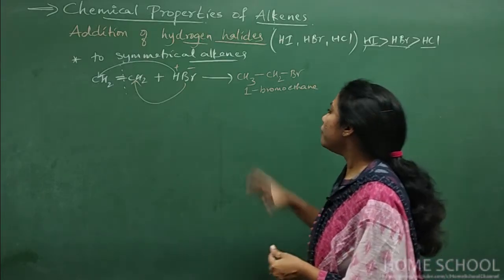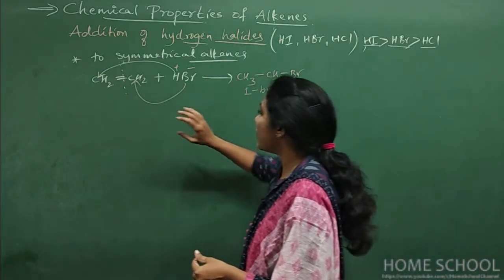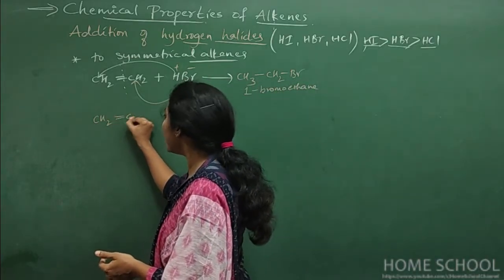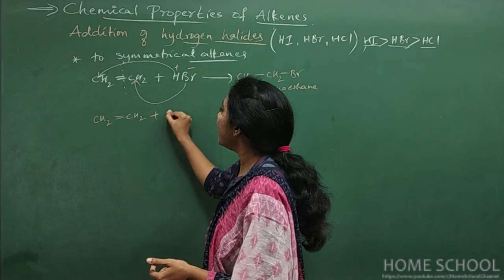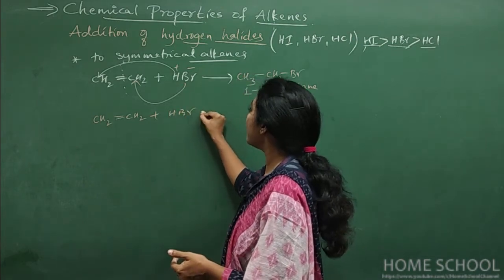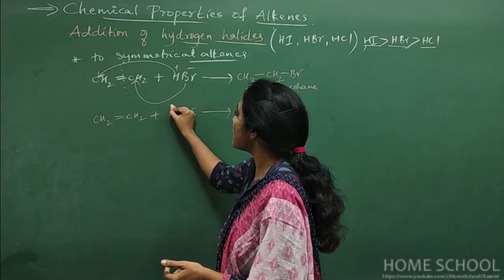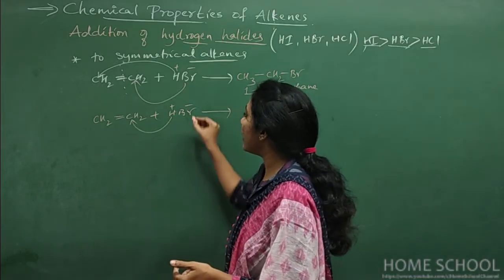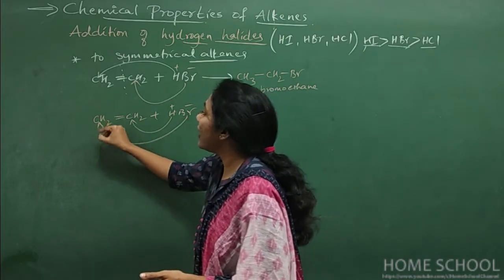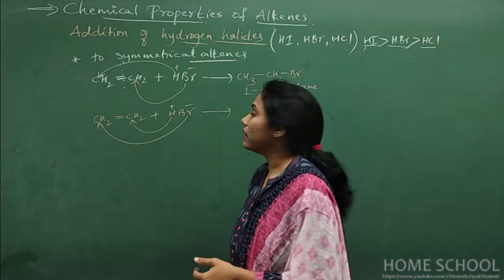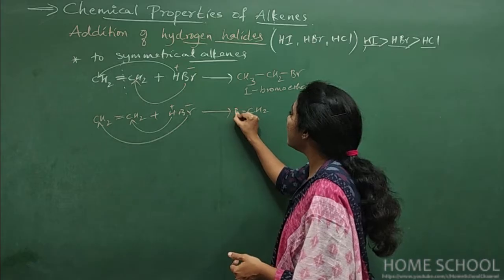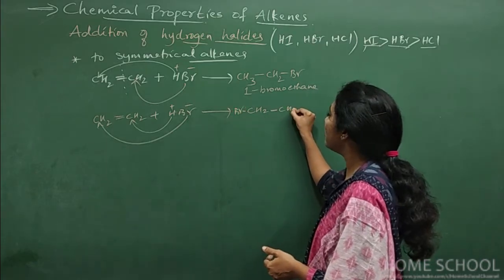But if I add the other way, say I take CH2 double bond CH2 itself and add HBr in the opposite way. This is the positive part, negative part. Now the positive part I'll add to this carbon, negative part I'll add to that carbon. So what do you get? You will get CH2Br here, and this fellow will become CH3.